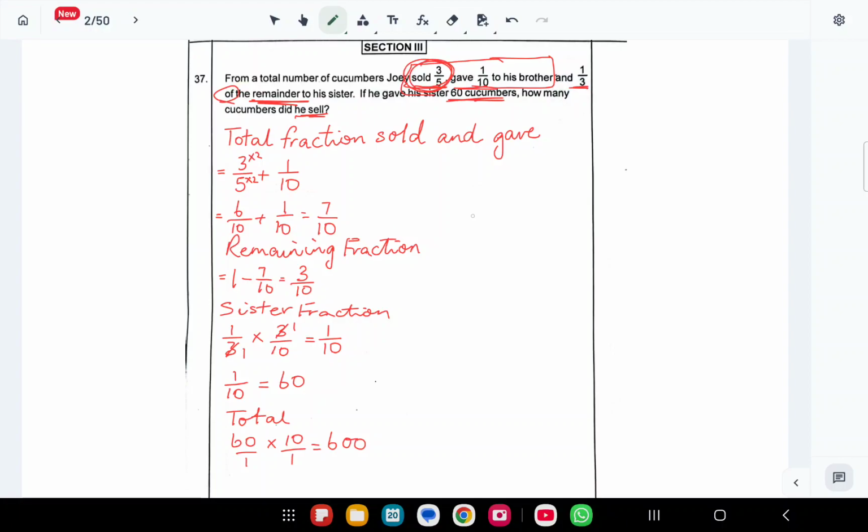So to calculate the amount that is sold, it would be 3/5 of 600 over 1. 5 into 5, 1. 5 into 6, 1. Remainder 1, 10, 2. That will give us 360 cucumbers. So he sold 360 cucumbers.